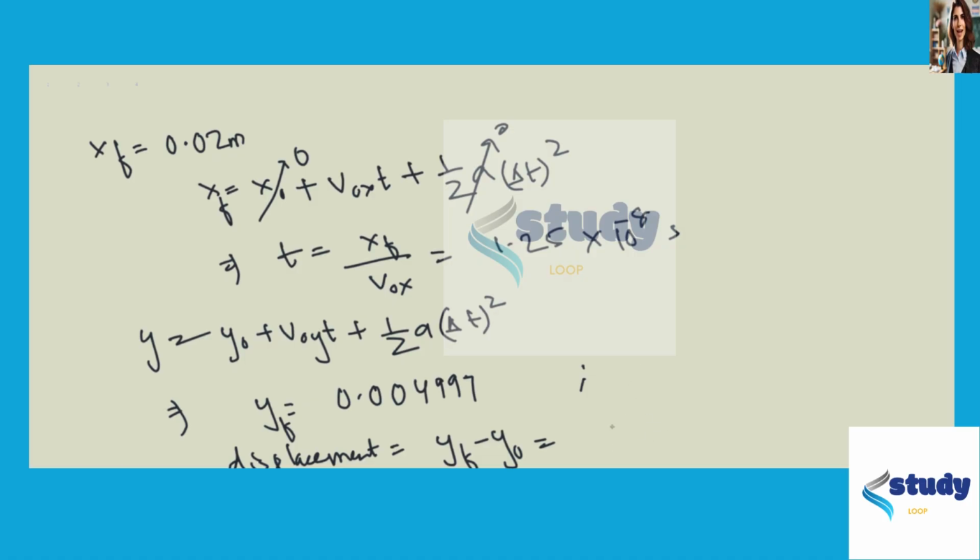So we substitute both the values, and this value comes out to be negative 2.73 times 10 to the power minus 6 meter. And here we just need the magnitudes to be plugged in, so don't worry about the direction here.